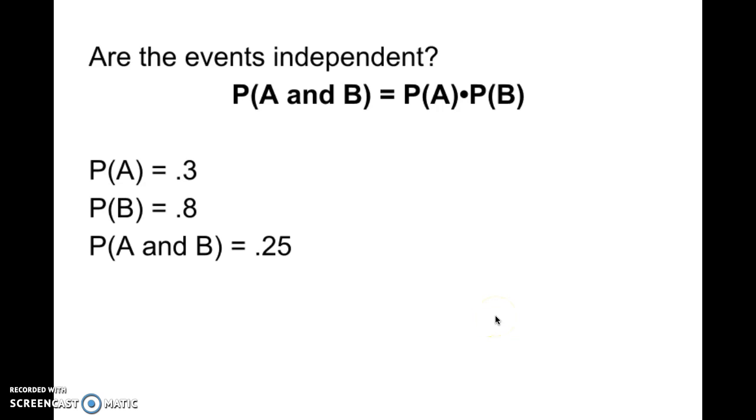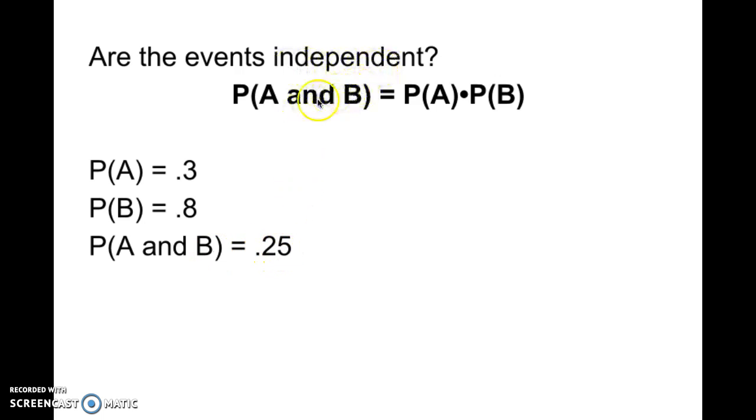So looking at this example, I have copied over this definition. It says the probability of A occurring is 0.3, the probability of B occurring is 0.8, and the probability of A and B occurring is 0.25.